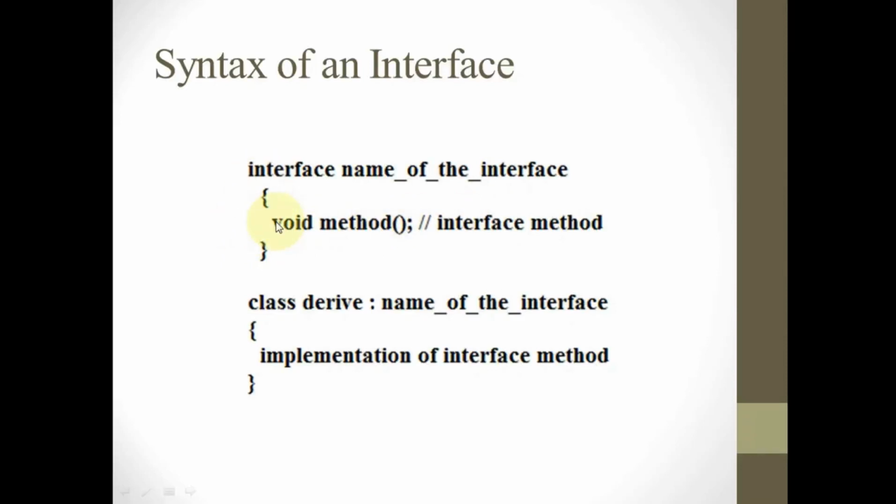These methods will be implemented within the child class, but first we must inherit the interface in the derived class. After inheritance, we implement all those methods of the interface in our derived class. So let's see how it is implemented in C Sharp.